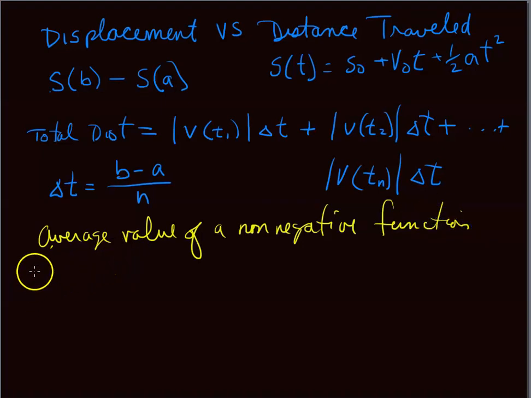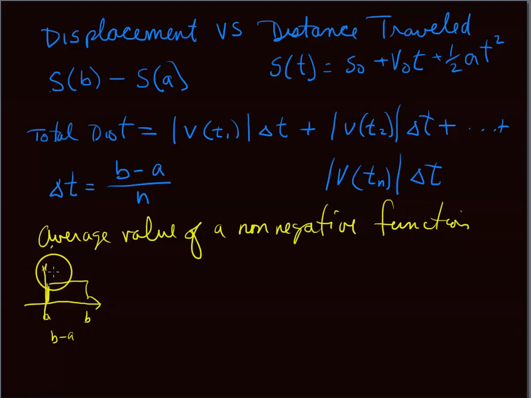Now, if you have a rectangle, you don't need to worry about the average value. But this is the b and this is the a, so it's b minus a, if you need that. And that length, the average value of the function, is the height here, right?